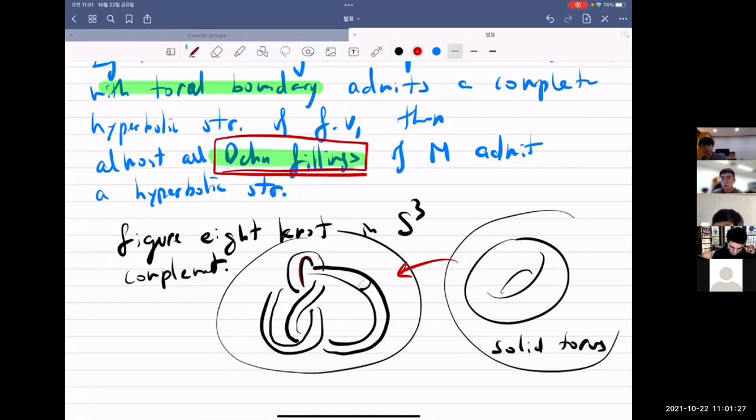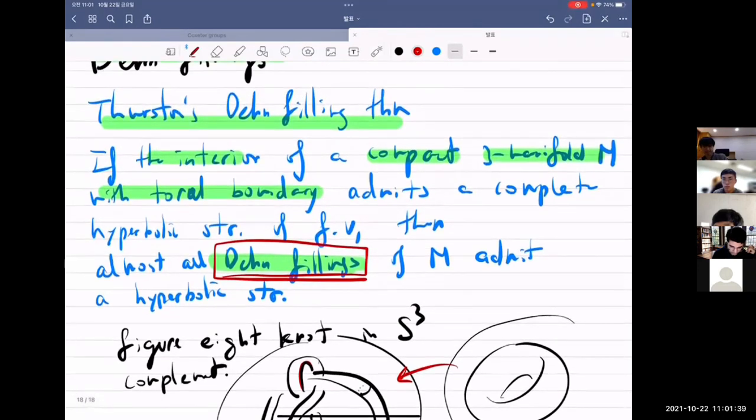But except for a finite number of them, all of them admit hyperbolic structures. So those are certain Dehn filling theorems. But it happens only for 3 dimensions. When n is bigger than or equal to 4, we cannot have such theorems.